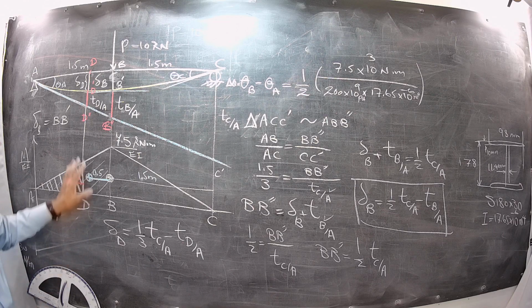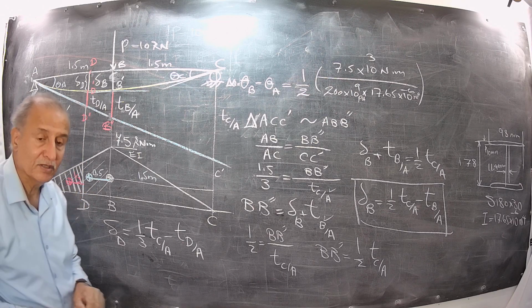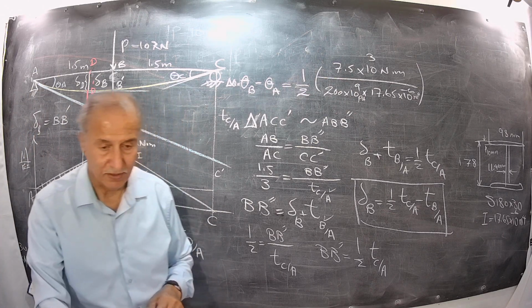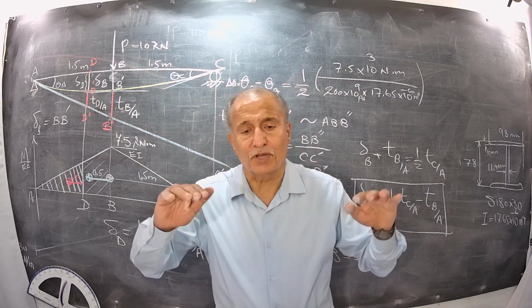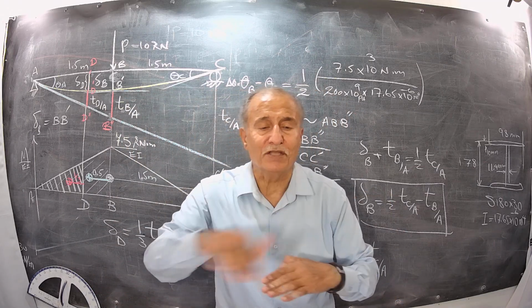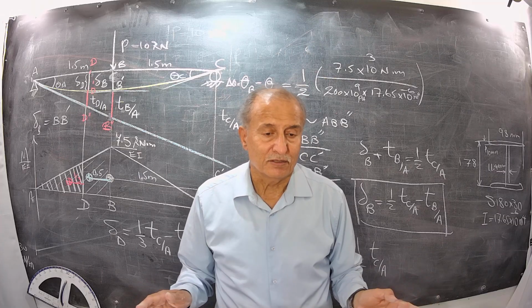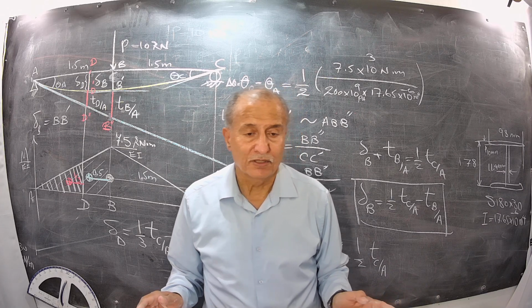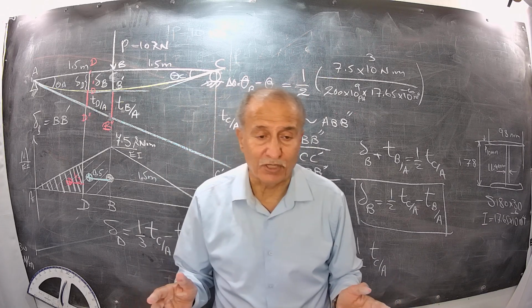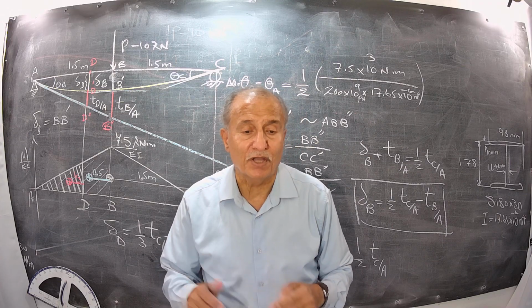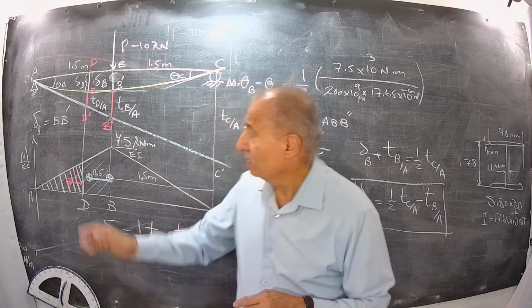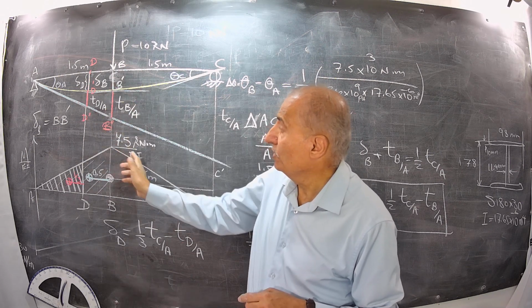Don't forget, the moment diagram must be divided by EI. Don't change the shape of the moment diagram. Just divide any amount of moment by EI. The important thing is this: use the bending moment diagram, just instead of the values, all values must be divided by the value EI.